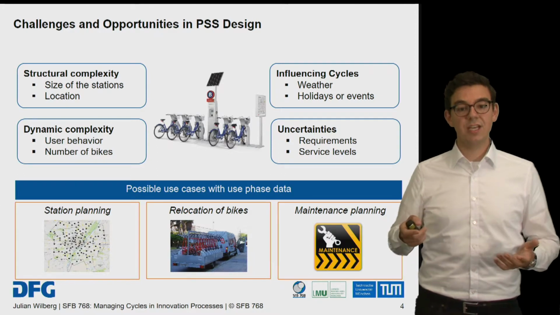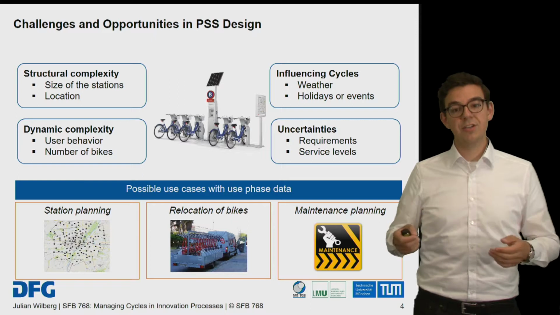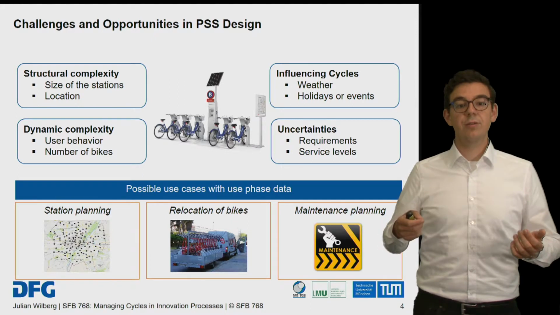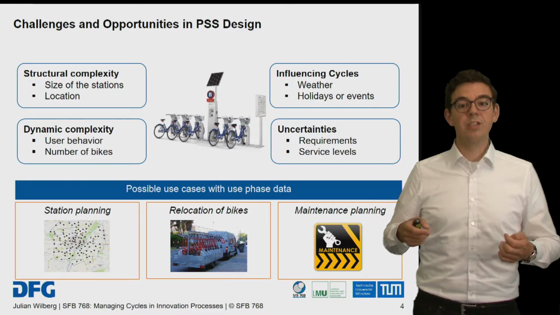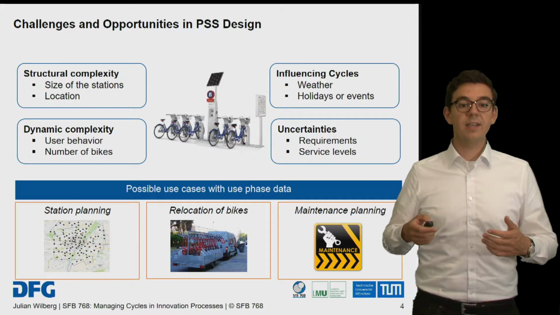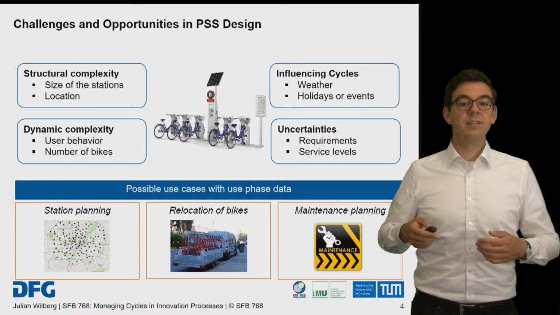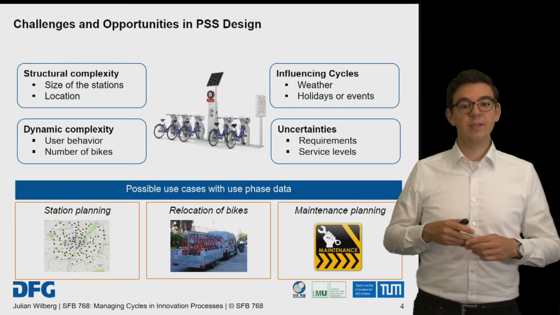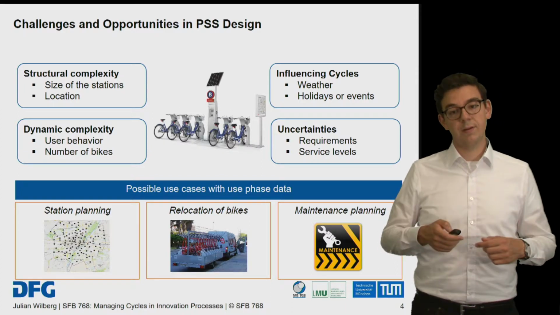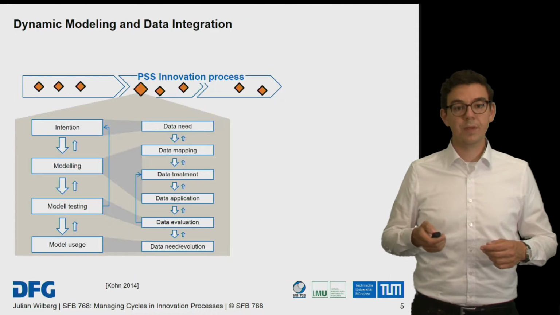Associated with the station layout is the relocation of the individual bikes due to variances in bike distribution over time, which needs to be as efficient as possible. As a third aspect, maintenance needs to be efficient, and the capacities need to be planned in a suitable way.